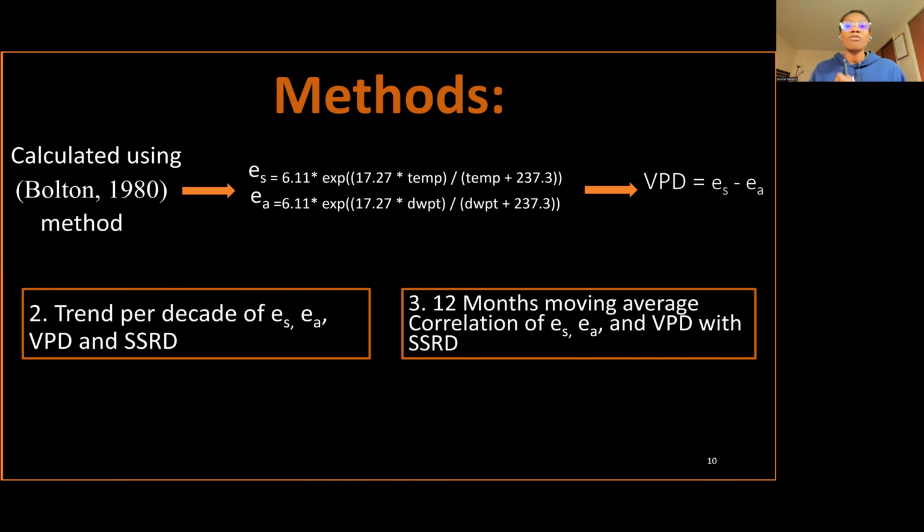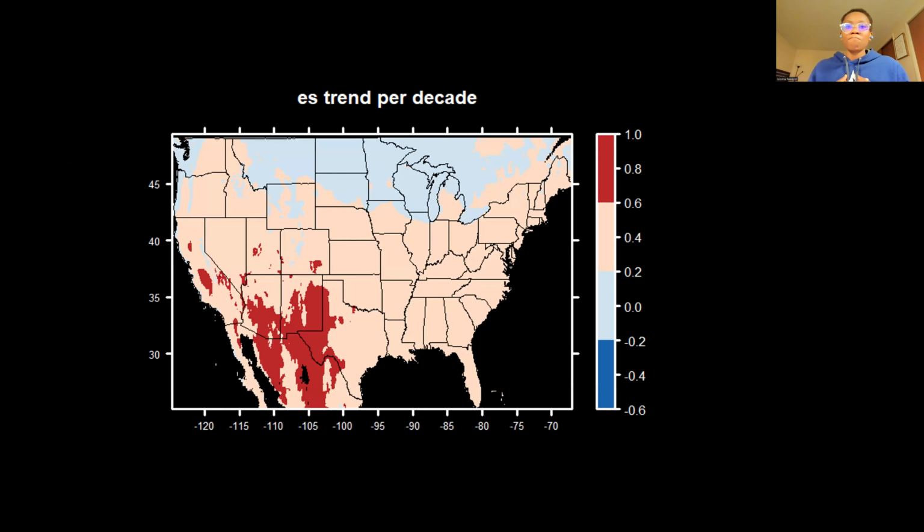And then I used the 12-month moving average correlation to see the relationship between ES and solar radiation, EA and solar radiation, and VPD and solar radiation to see if I could find any relationship. I was really just curious and just trying to have fun. Okay, so these were my results.